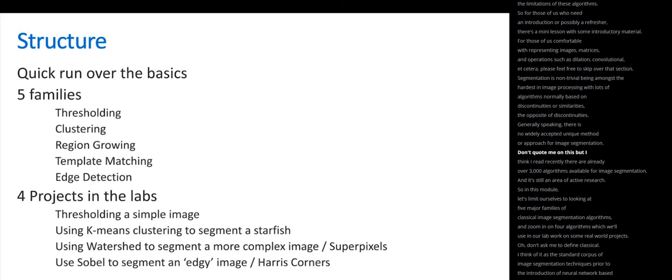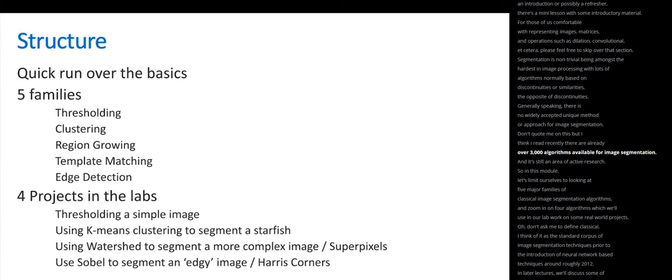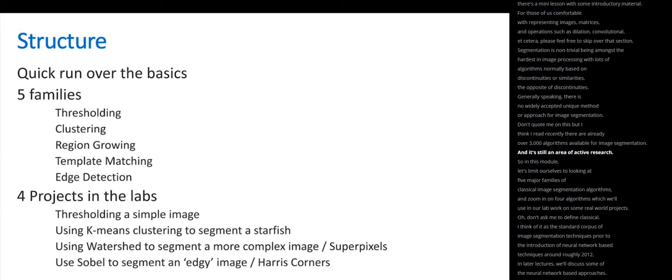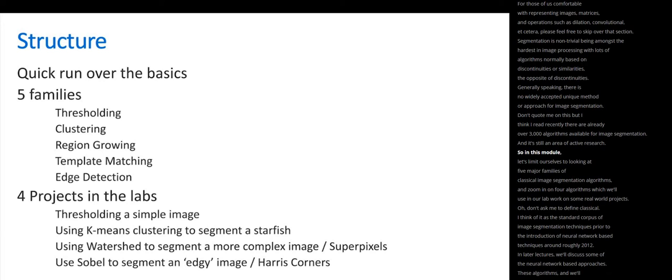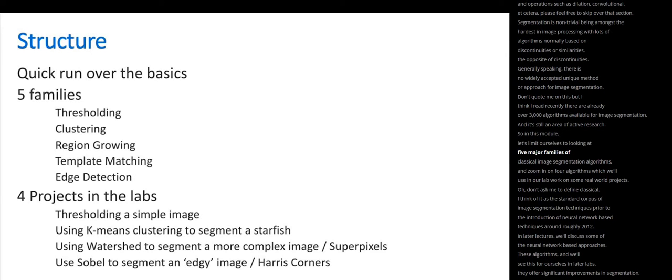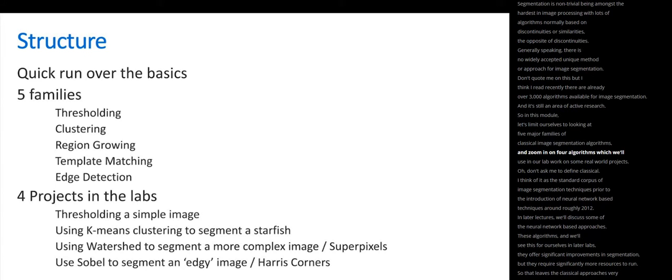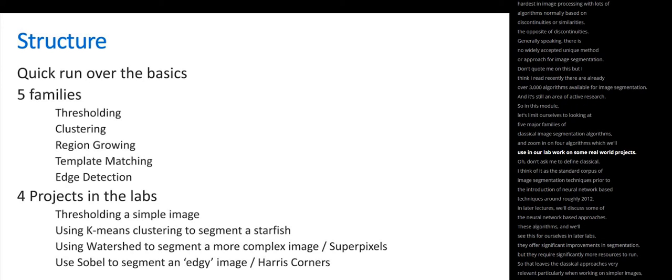Don't quote me on this, but I think I read recently there are in the order of 3,000 algorithms available for image segmentation, and it's still an area of active research. So in this module, let's limit ourselves to looking at 5 major families of classical image segmentation algorithms and zoom in on 4 algorithms which we'll use in our lab work on some real-world projects.